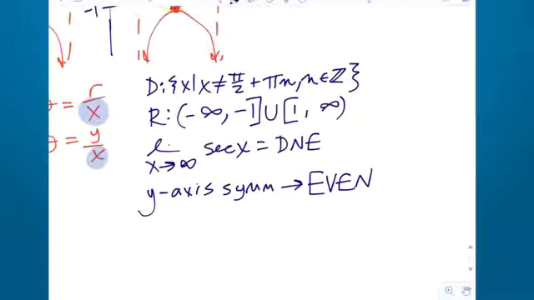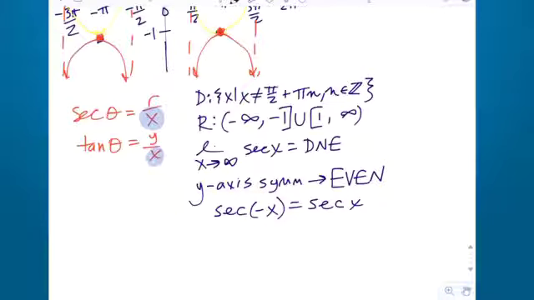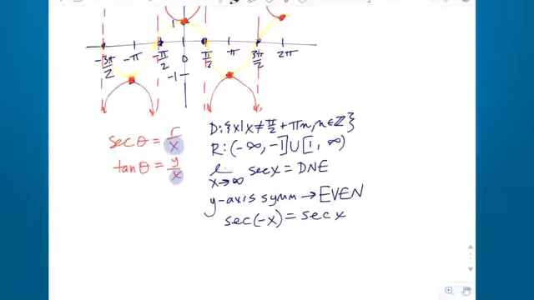Even. And so remember what the algebraic consequence of that is. Just like cosine, that means then that secant of a negative input is the same as what? Do we pull the negative up front, or do we just forget about it? Forget about it. It's gone. It's the same as secant of positive x. Negative inputs, positive inputs have the same output, exactly the same, because of the y-axis symmetry.